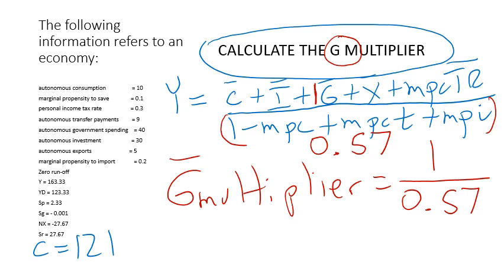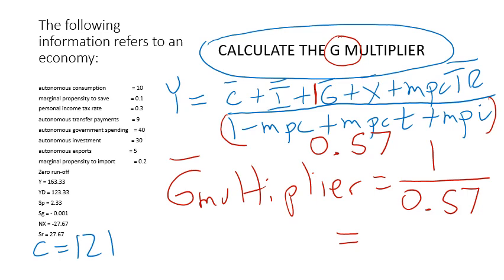Again, savings, taxing, and spending on imports. So ultimately, the calculation shows that the multiplier is equal to, what is it equal to?